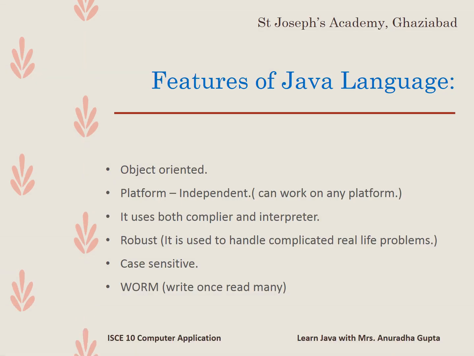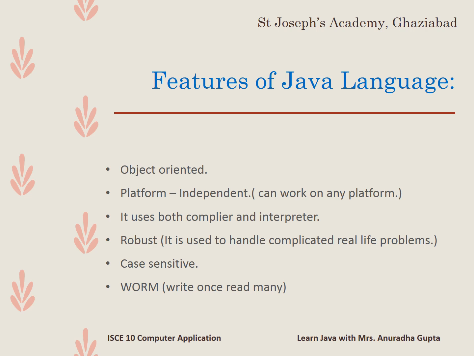Next, features of the Java language. The first feature of Java is object oriented. Second is platform independent. Platform independent means it can work on any platform. Third, it uses both compiler and interpreter. Fourth, it is a robust language.